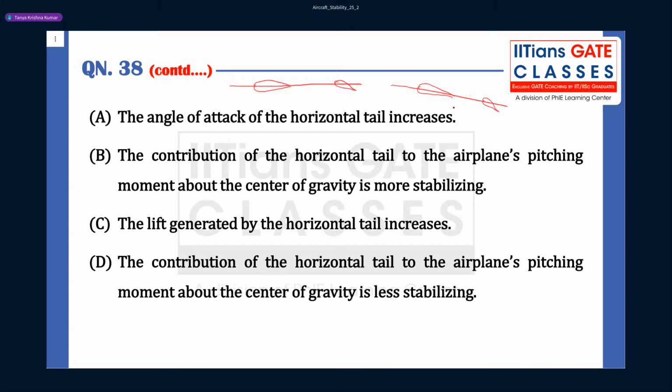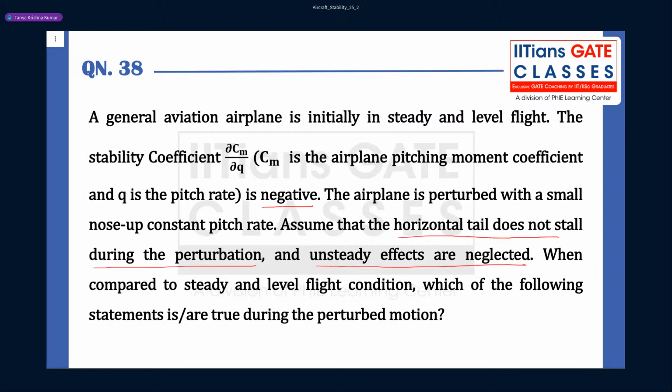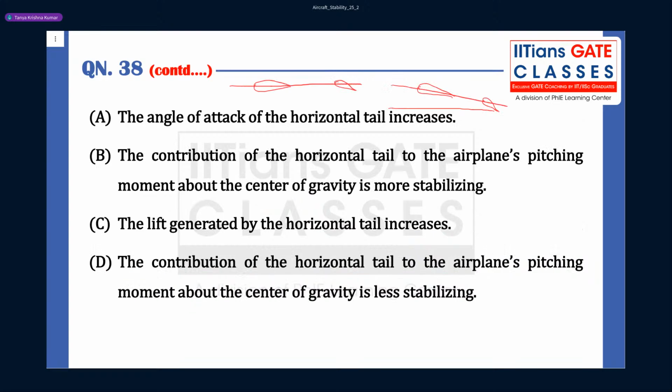This was the original line, right? So when it is subjected to a nose-up perturbation, the angle of attack at the horizontal tail increases, as is evident from our figure. So what was the question? Which of the following are true? So angle of attack at horizontal tail increases is true. Correct? Next, the contribution of horizontal tail to the airplane's pitching moment about center of gravity is more stabilizing.